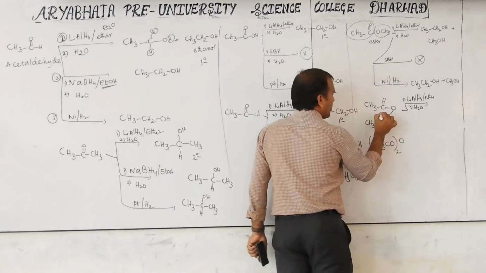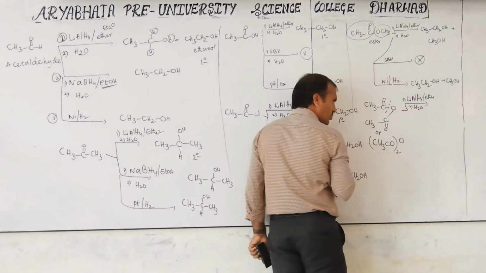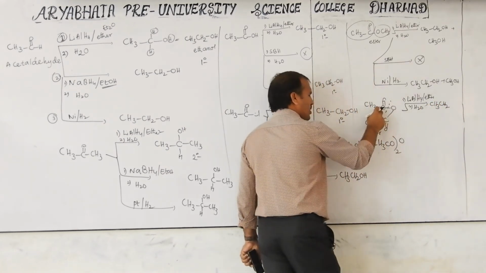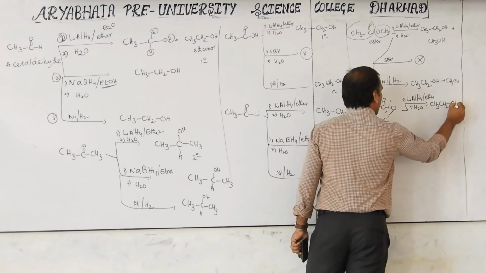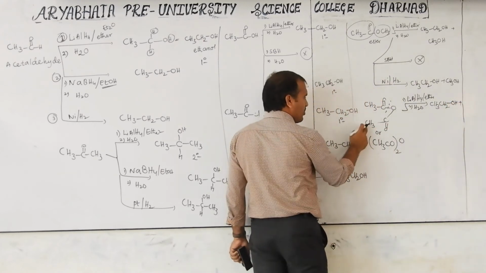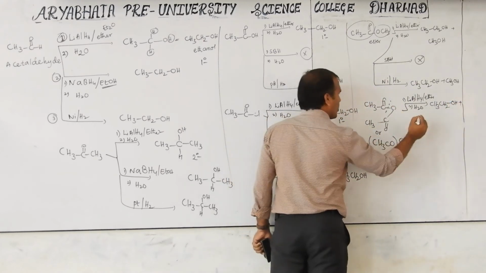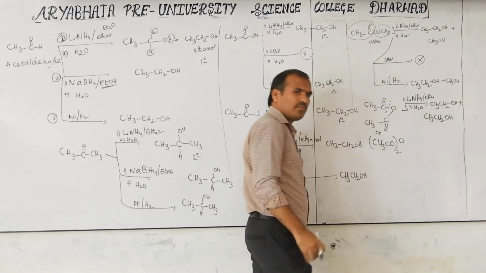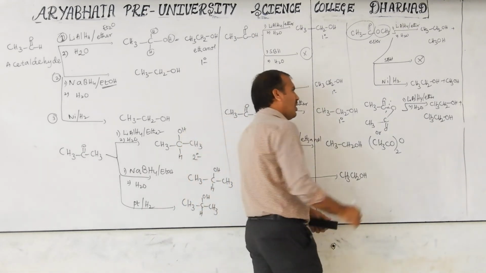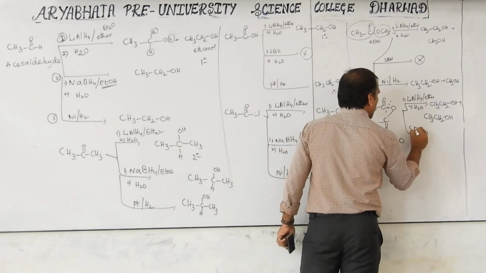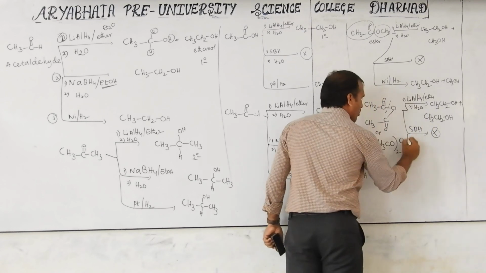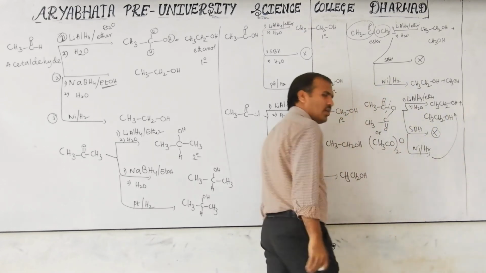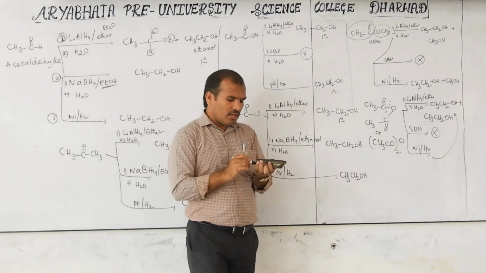Then the bond breaks, and CH3CH2 converts to CH3CH2OH, plus this other part, CH3CH2O, also converts into CH3CH2OH. Similarly, with sodium borohydride no reaction, but with nickel and hydrogen, we will get the same product. So keep in mind all of these.